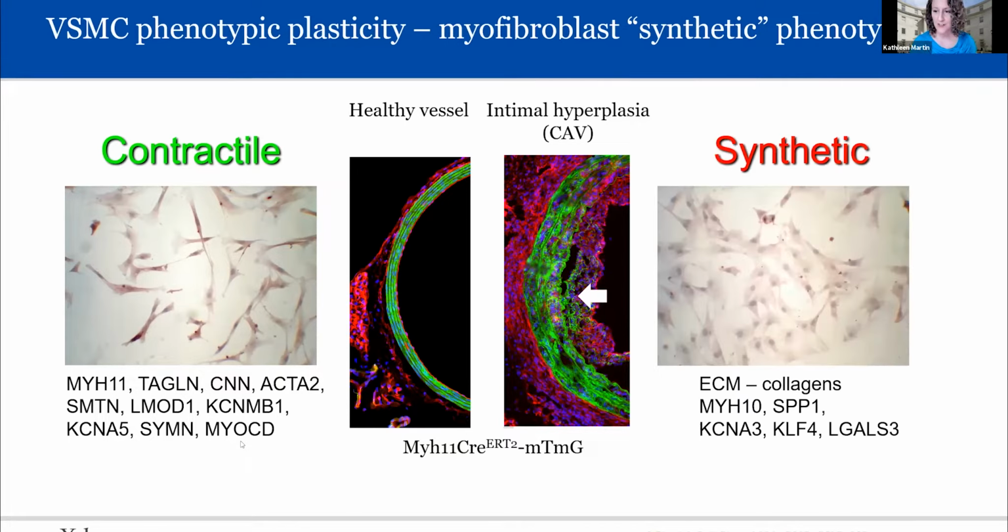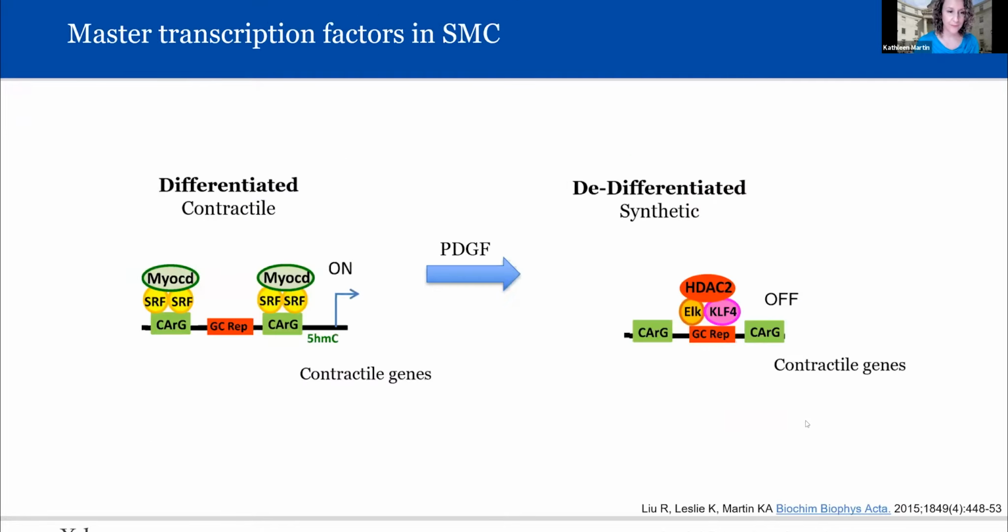Whereas in the dedifferentiated or synthetic myofibroblast phenotype, they lose this myocyte morphology and take on a rhomboid fibroblast-like morphology. They lose their contractile proteins and express extracellular matrix proteins like collagens and fibronectin, different isoforms of contractile machinery, different isoforms of channels, and transcription factors like KLF4.